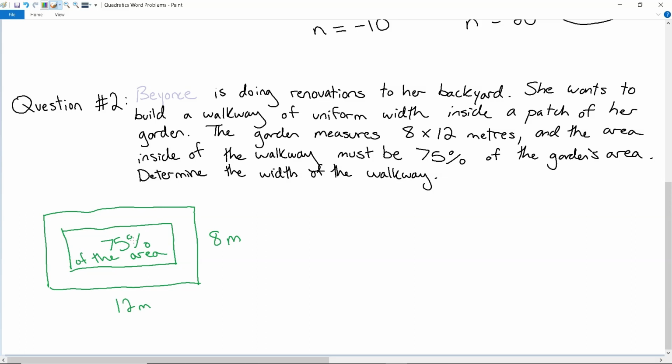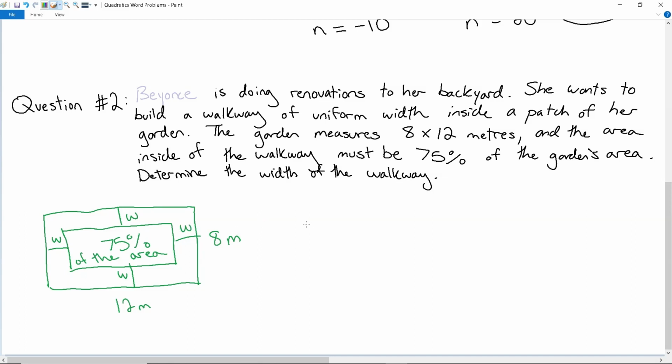So we need to find an equation that's going to use the width of the walkway as a variable. So we know the walkway is of uniform width, so no matter where we are on the walkway, it has the same width. So I'm going to set that length as W.